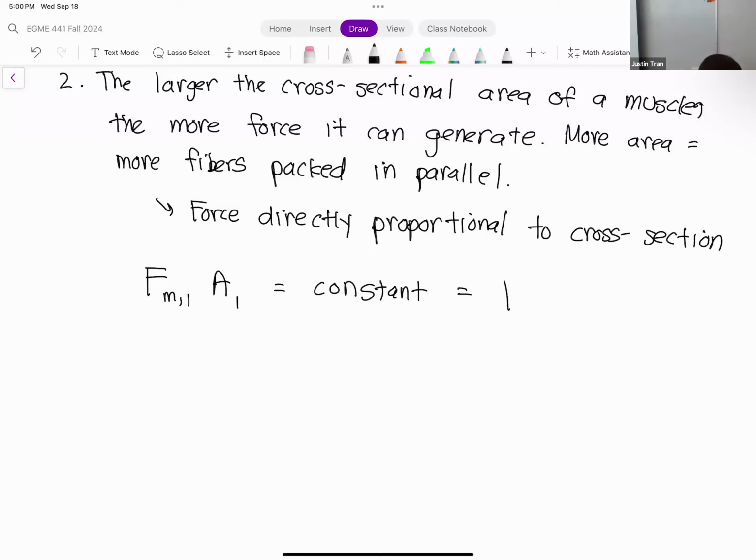So this is equal to FM2 A2, and FM3 A3. We can use this fact to set up some proportionality relationships to give us some additional equations that will solve our system.